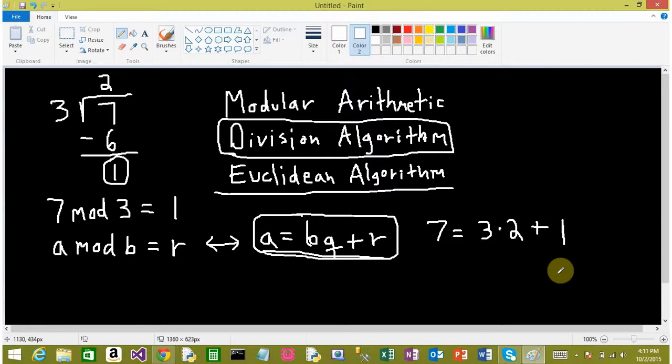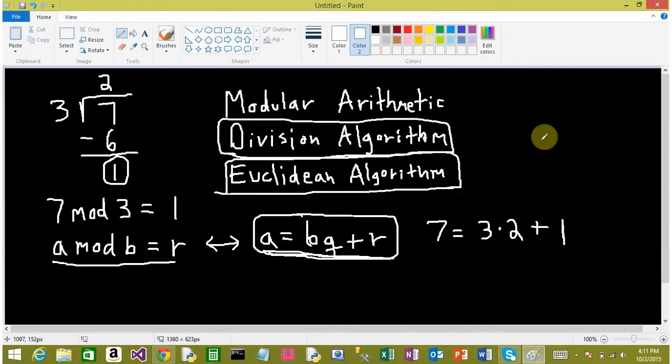Okay, so you're probably thinking, well, what next? When we talked about modular arithmetic, that helps us to get the remainder when we divide two numbers, and the division algorithm helps us express the modular arithmetic equation into this form. What we can do is repeat this division algorithm multiple times, and when we do that, we get what's called the Euclidean algorithm.